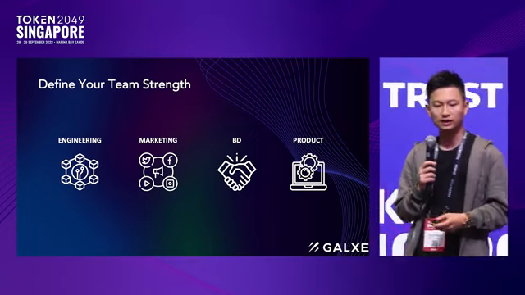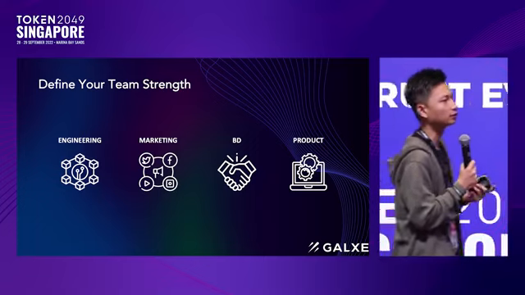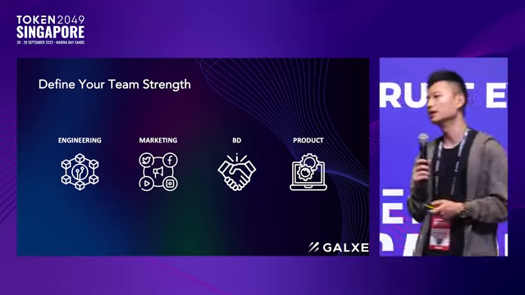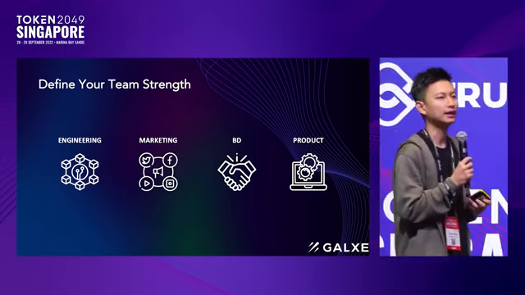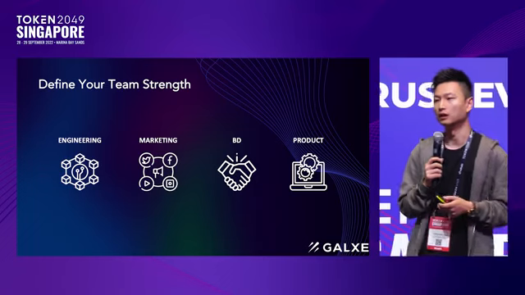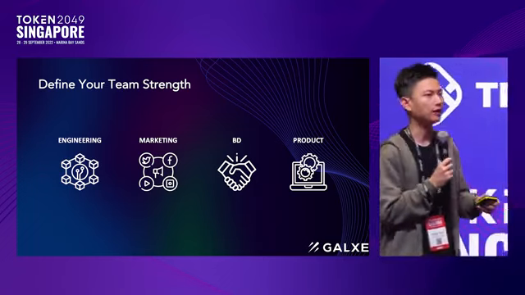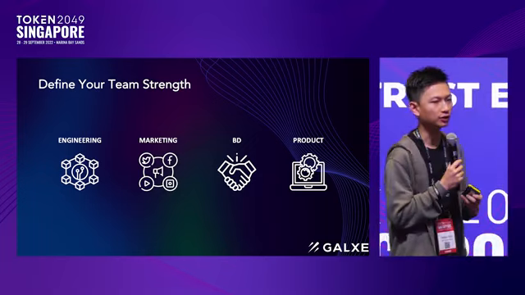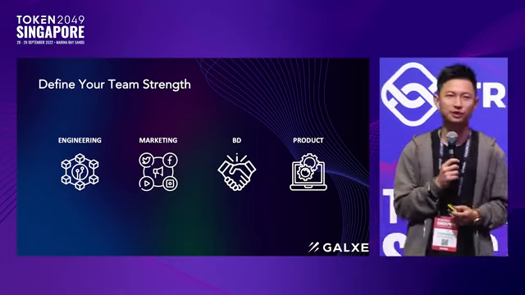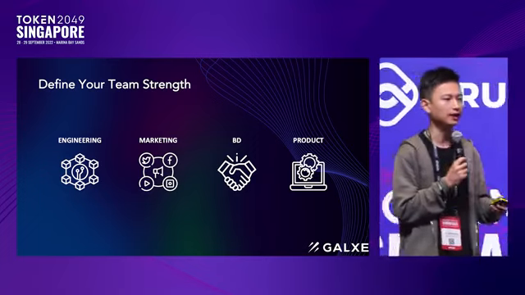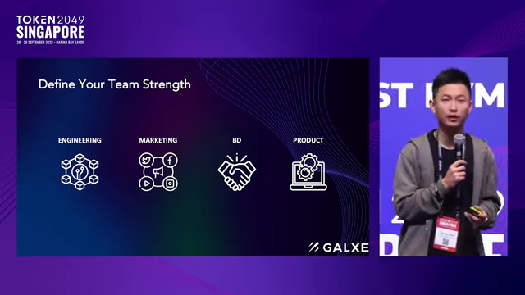So we made sure the company we're working on can really amplify our skills. With Galxe, as you can see, there are 830 partners building on top of Galxe right now. That's a lot of BD work, and also a lot of marketing and branding messaging. We're a global brand now.